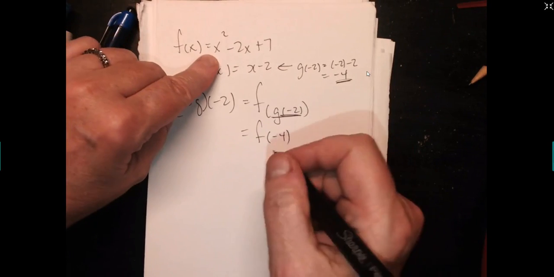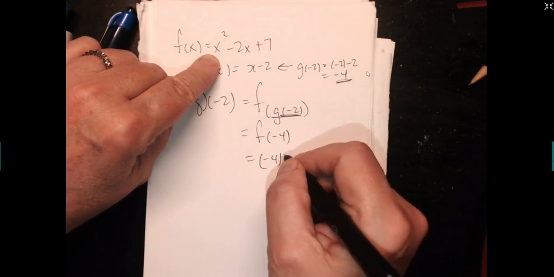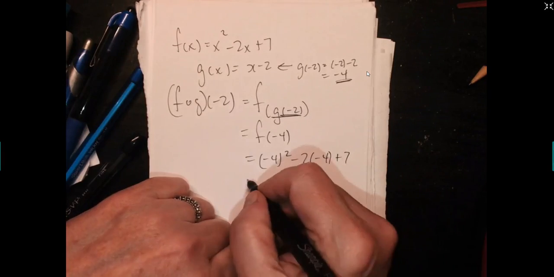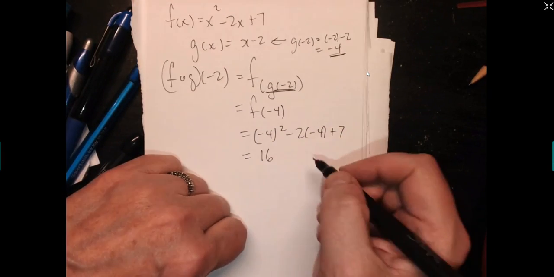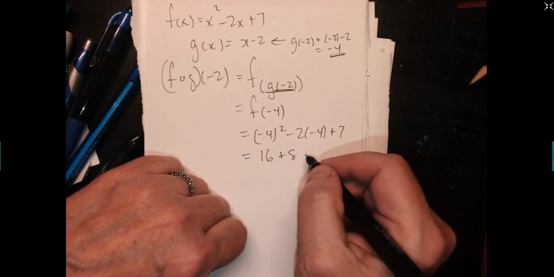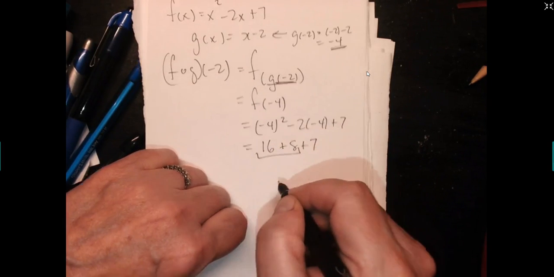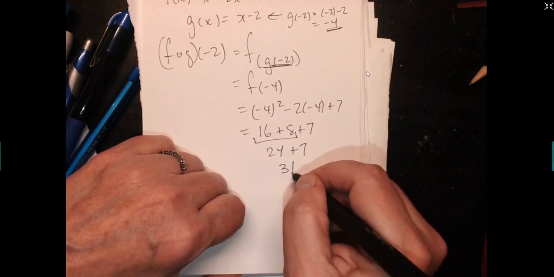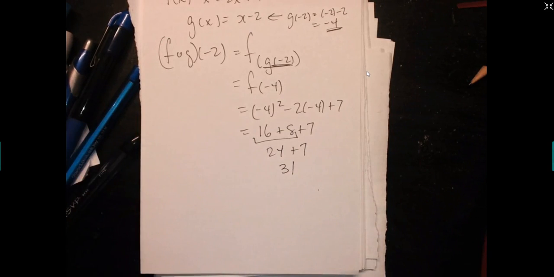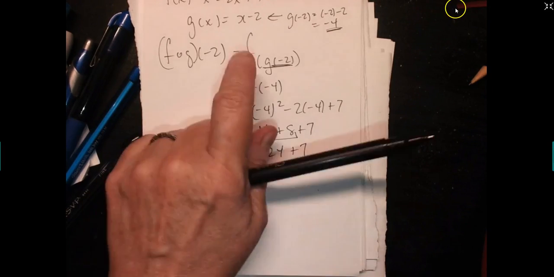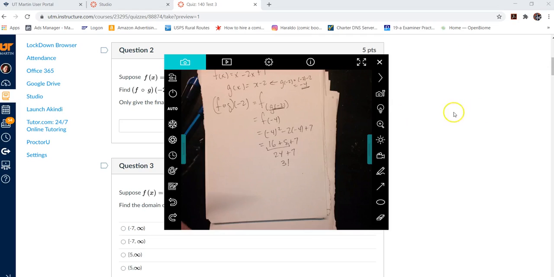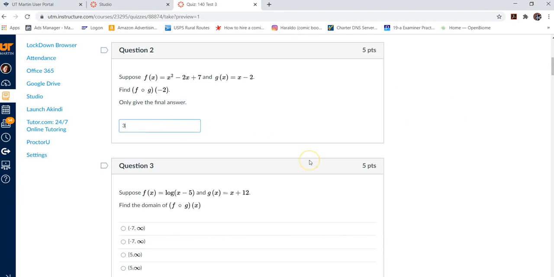Well, everywhere there's an x, I replace it with negative 4 in parentheses. And that will give me positive 16 plus 8 plus 7. So that's 24 plus 7, and that should give me 31. So you get a number if what's inside there is a number. So 31 should be my answer if I didn't make a mistake there.